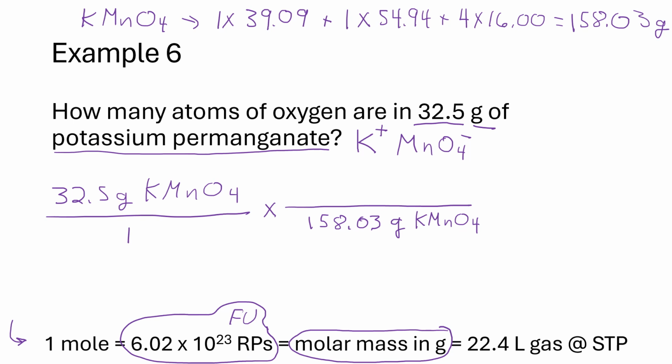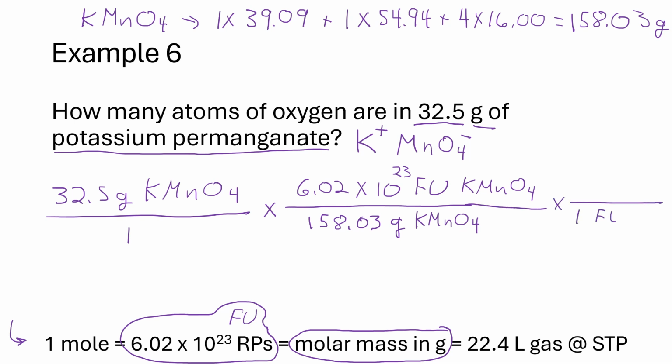So my next step is going to be 6.02 times 10 to the 23rd formula units of potassium permanganate. And then one more step to say that every 1 formula unit of potassium permanganate has 4 atoms of oxygen.